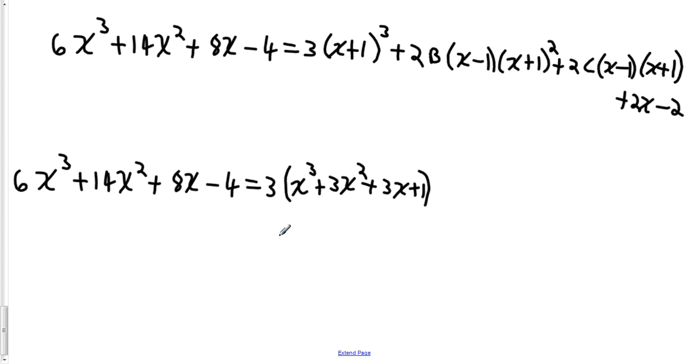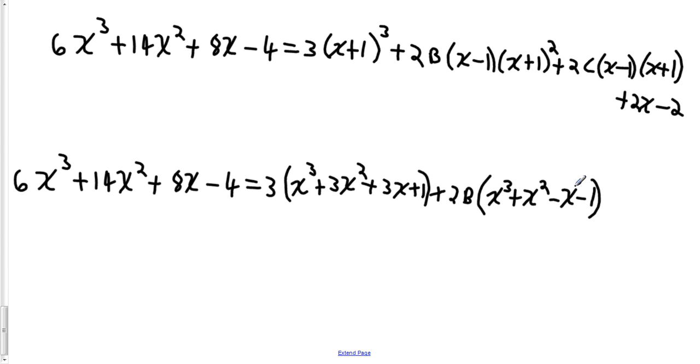All right? And then when you multiply the second thing here, the x minus 1 times x plus 1 squared, well, let's keep the 2b in front, plus 2b. But when you multiply all that out, let's see. What we get is x cubed plus x squared minus x minus 1.